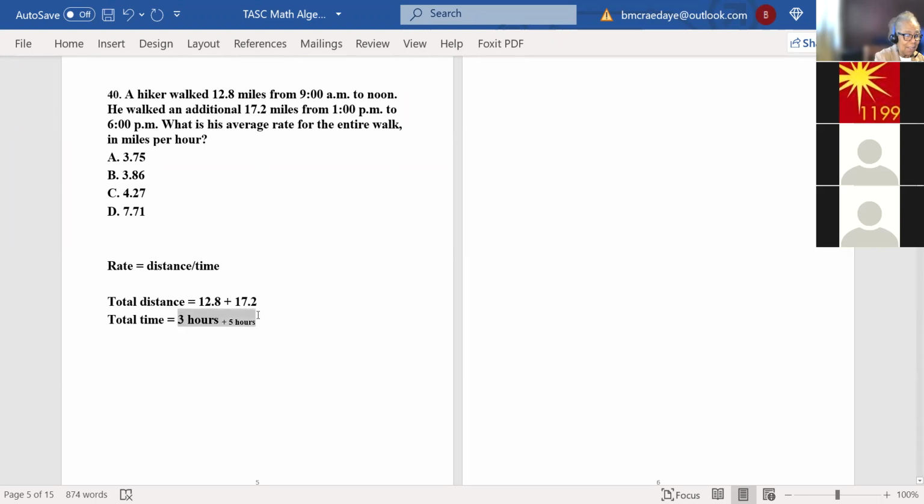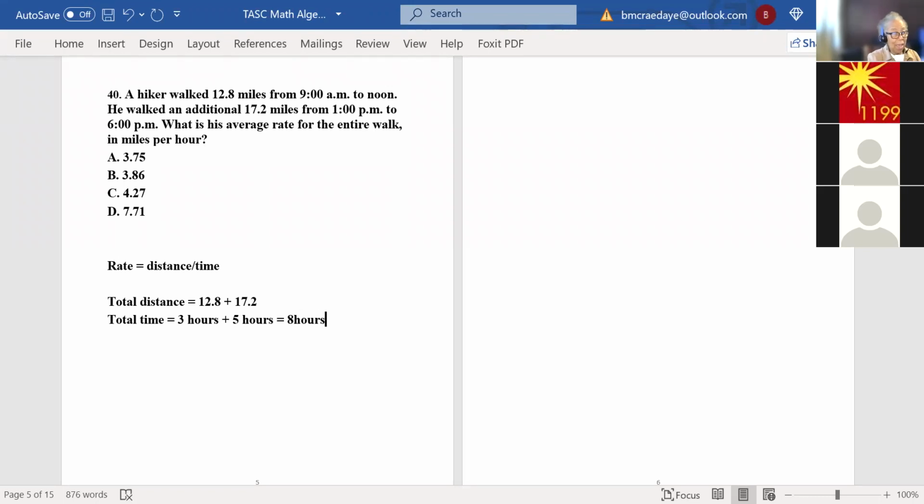You add the time, and then you get the rate by dividing the distance by the time. Right. So that's 3 plus 5 hours, and that gave you 8 hours.